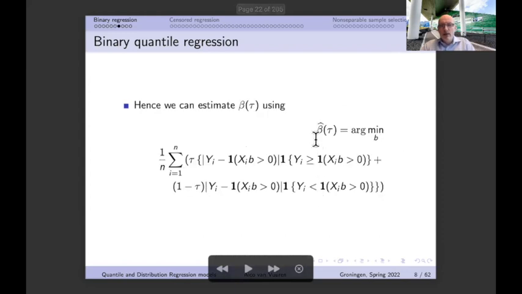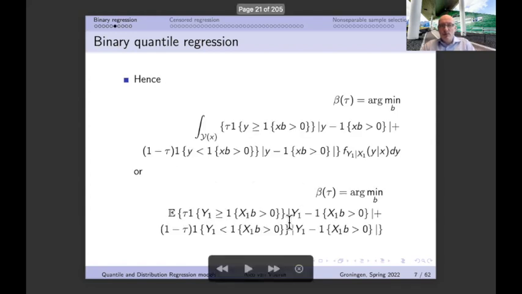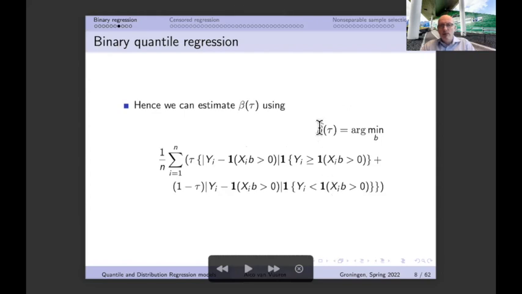So we should realize that at the moment that we define beta hat tau as the minimum of this function, generally beta hat tau will be different from the beta tau that we have on the previous slide. What we should realize is that if n goes to infinity, then the minimum of this function over here is going to converge to the minimum that we have over there, and that is by definition equal to beta tau. So hence, beta hat tau is also going to converge in probability to beta tau.